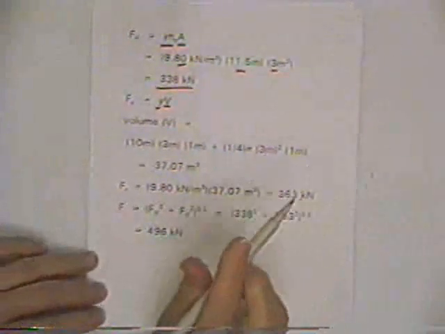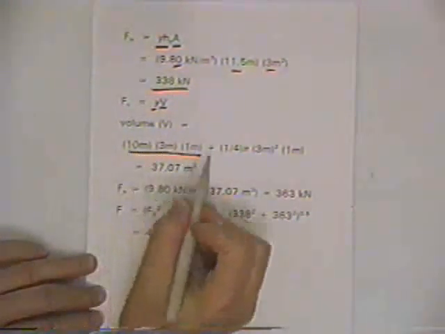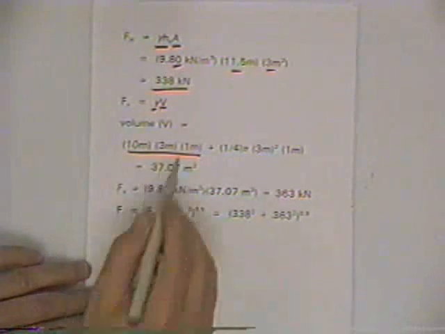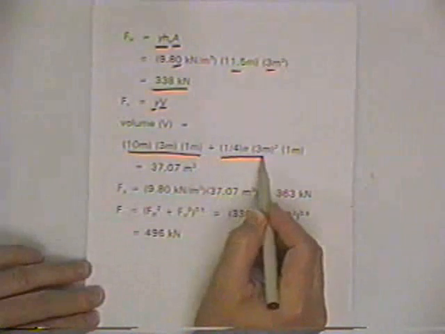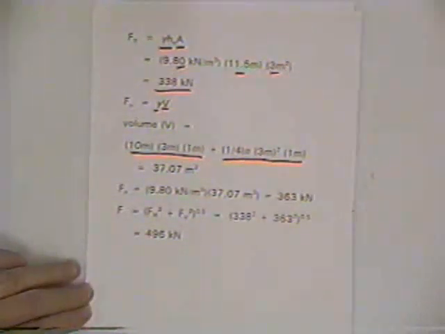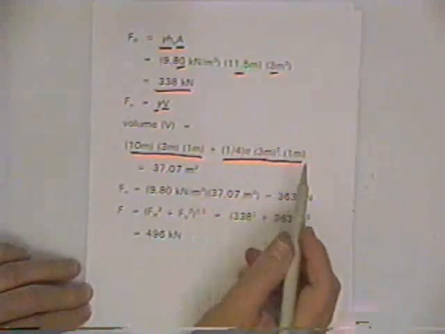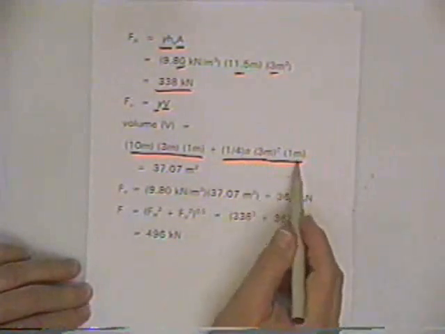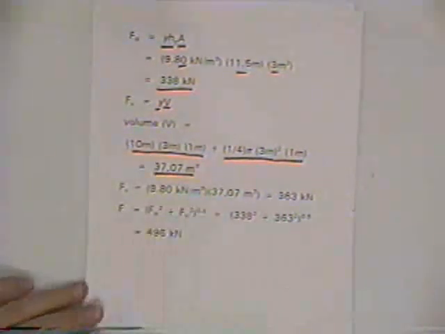This is more geometry than fluids, but the volume of the top area is the 10 meter depth, 3 meter width, and then a meter coming out of the paper, and then the circular portion of it, the radius squared times pi, except we're looking at a quarter of a circle, so 1/4 of that circular area times the meter thickness coming out of the paper, and that gives us a volume.